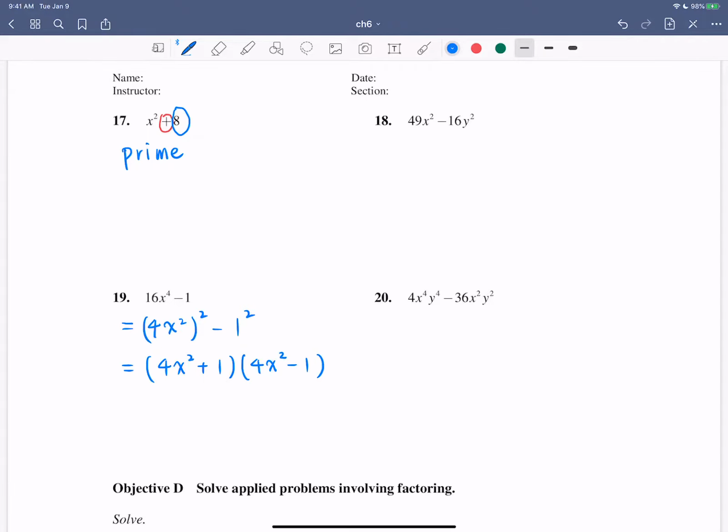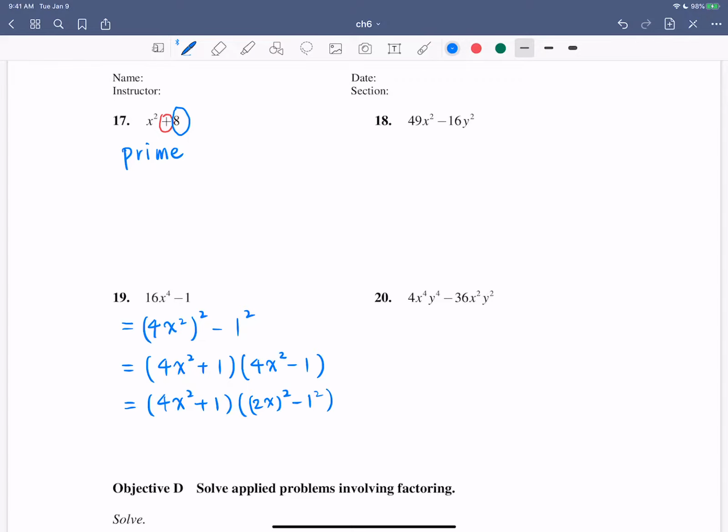And some people might say, okay, that's the end of it. However, that's not the end of it. For the first factor, 4x squared plus 1, it's the sum of two perfect squares. We don't have a formula for that, so it's a prime. You just copy it. But for the second part right here, 4x squared minus 1, it's actually another difference of two perfect squares. Because the 4x squared, you could rewrite that as 2x squared, minus 1, which is 1 squared.